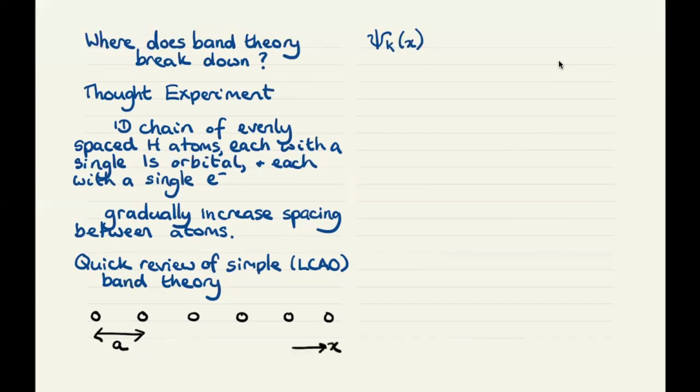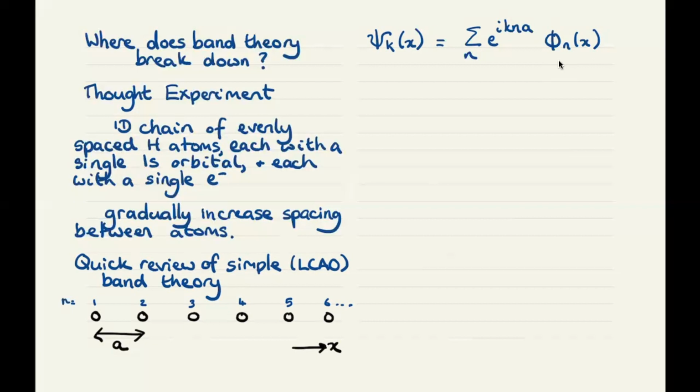We orient our orbitals along the x direction, and it depends on the wave vector k, and it's given by the sum over e to the i k n a times phi sub n of x, where the n value here labels the number of the atom. So our wave function is a Bloch state, and it's a function of position, a function of x in this case, because we have a one-dimensional system, and it's labeled by the wave vector, the k value.